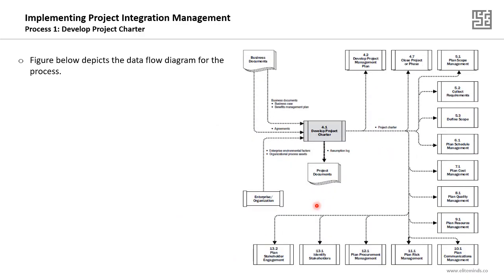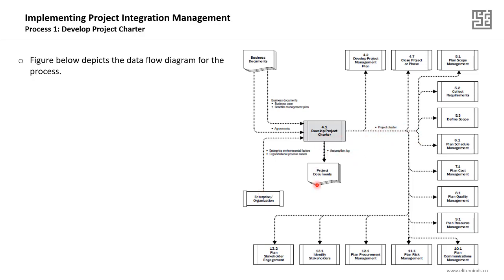Now, the data flow diagram of this process can show you the importance of develop project charter as a process. It shows that the inputs for this process will come from the business documents, the business case and the benefits management plan, any agreements, in addition to the enterprise environmental factors and the organizational process assets. Now, the outputs are the project charter and the assumption log.